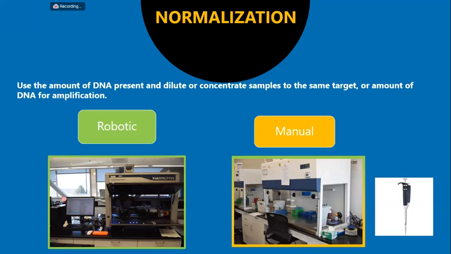So these steps and amounts and all of this process is based on studies that the labs do with their instrumentation and their reagents to determine what's going to work in their system. So based on these studies, you can determine what your target amount of DNA should be and what you should normalize your samples to. When working with low-level DNA samples, sometimes you can target a higher amount, or you might have to concentrate it all and take all of the DNA from that sample to try and get the best possible DNA profile. Next slide.